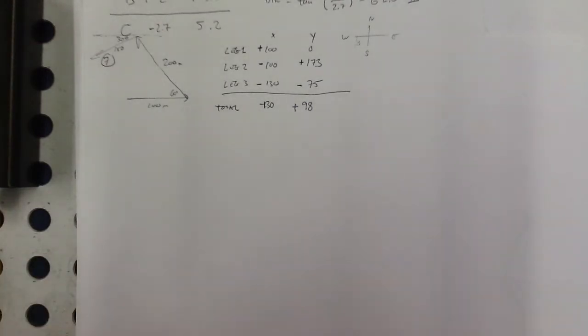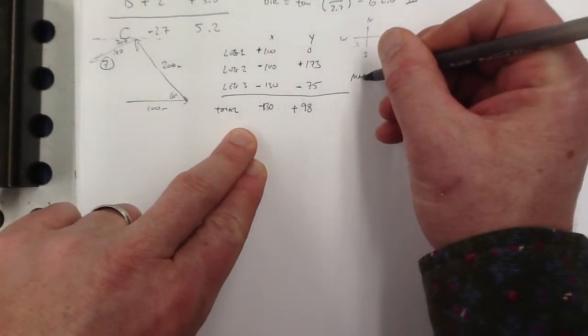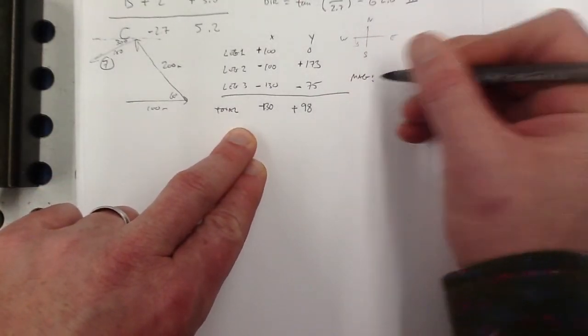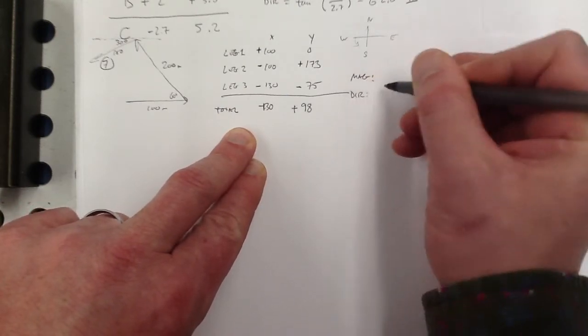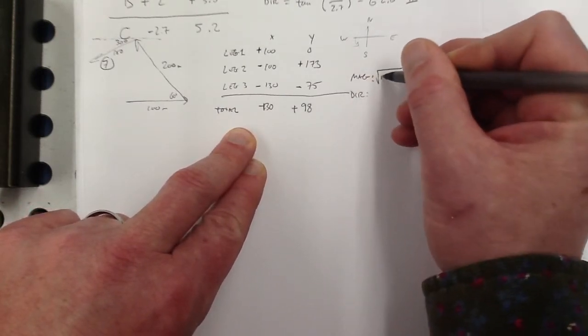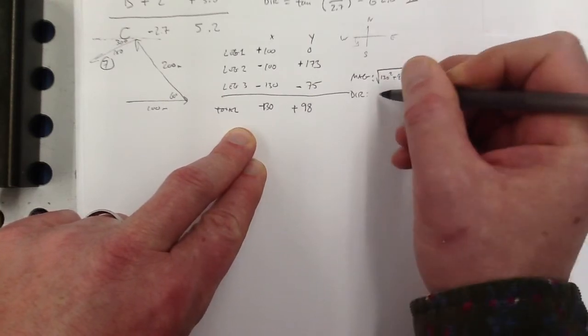And we want to find the magnitude and direction of the net displacement. So magnitude and direction. Net means sum, right? Total. Magnitude's going to be 130 squared, 98 squared.